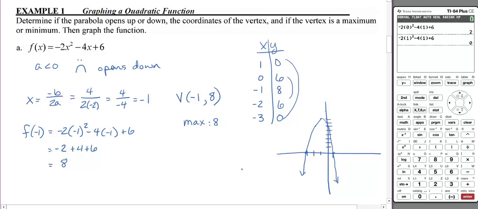And that's the complete graph. We have the y-intercept, we have the two x-intercepts, and we see the vertex, and we see what's going on after that. And we just put the arrows to show that it continues that way.